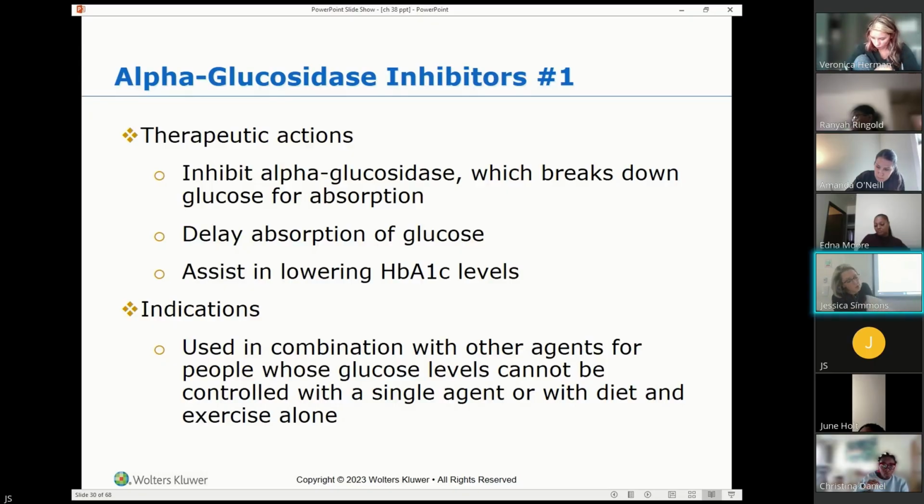There are two drugs under this classification, acarbose and miglitol. Both of these are PO meds taken three times a day at the start of each meal. They are not common medications at all.